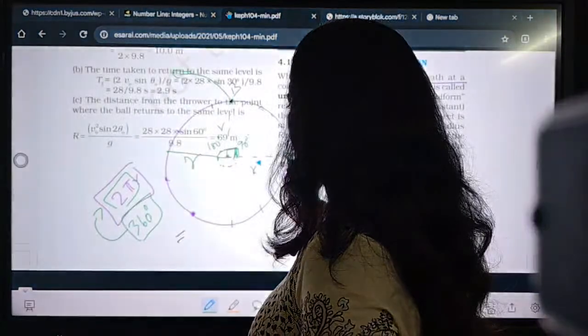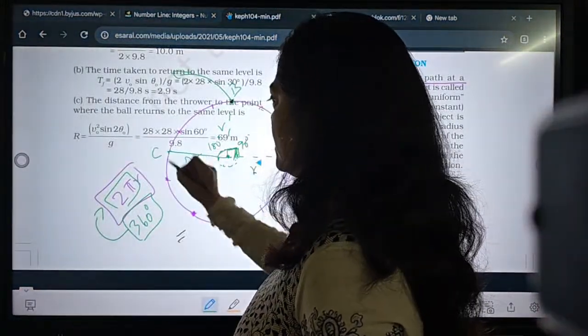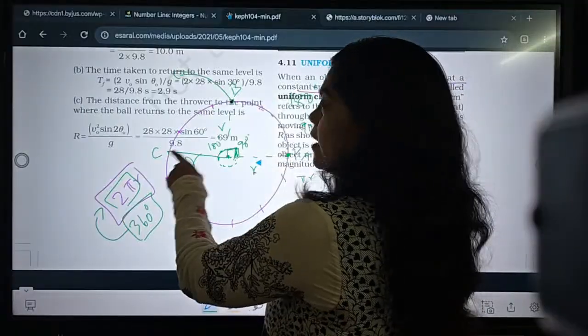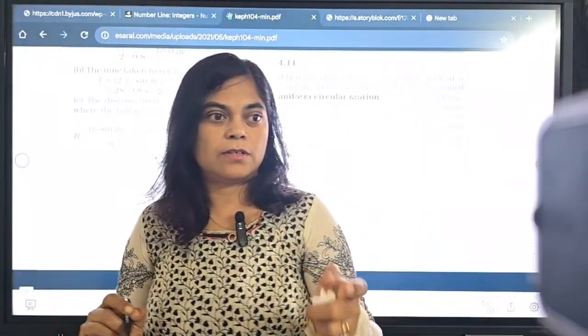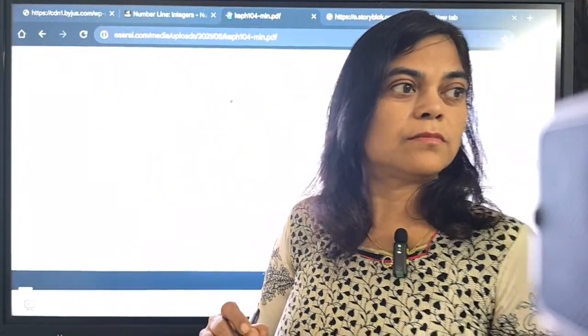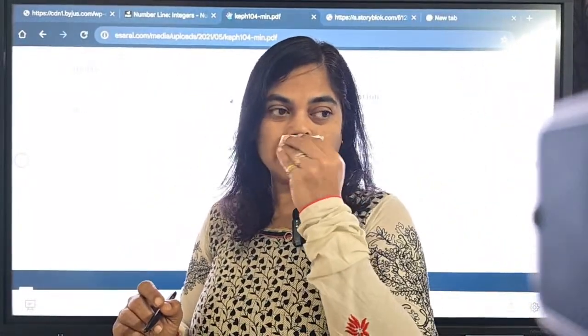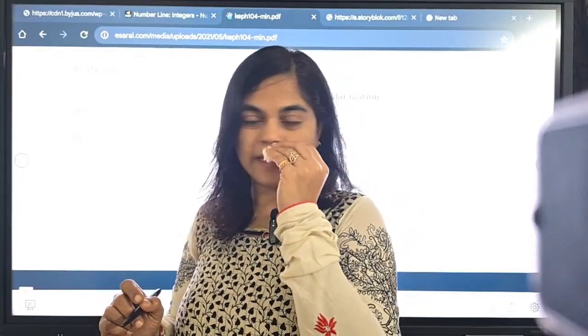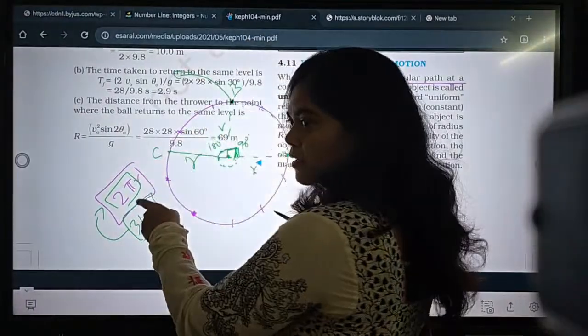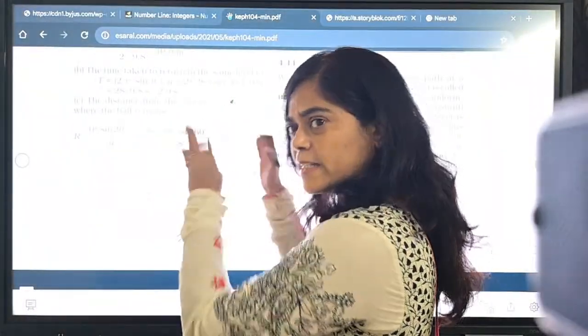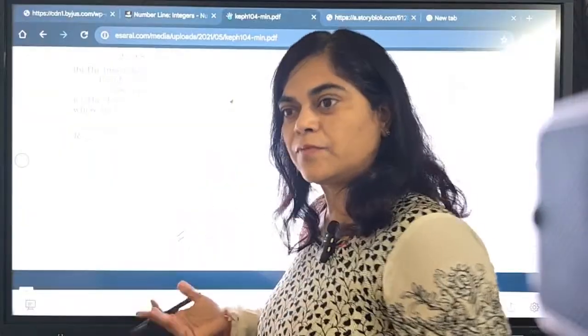See, this is one point, A, B and C, right? If the particle is moving from A to C, I taught you one bicycle problem. Go and take your book and come. Okay, see that, and revise it. What it says: from A to C, if the particle is moving, what is the total distance covered by the particle? Where is the path of the particle?